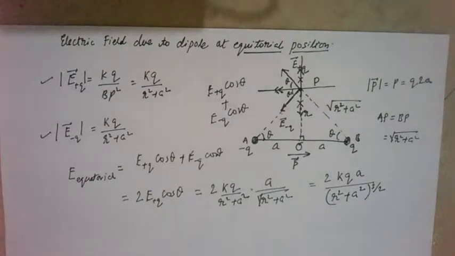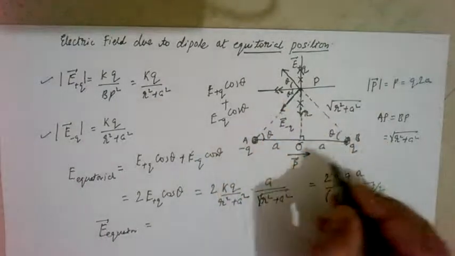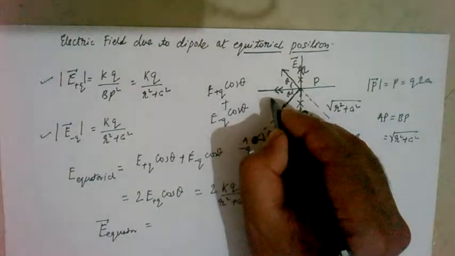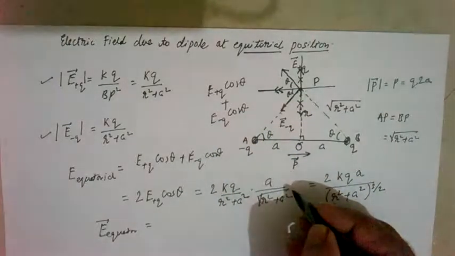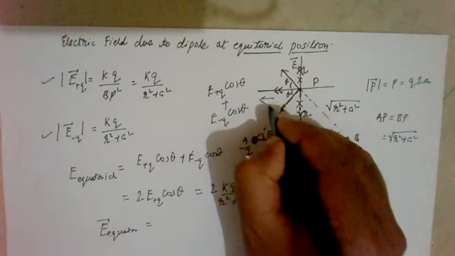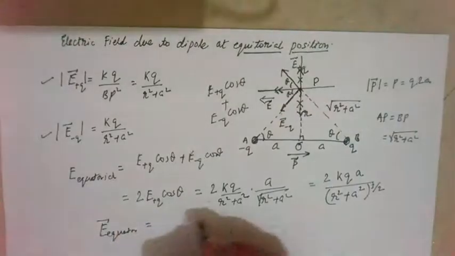Now I should take the direction also. What is the direction of the electric field at the equator? This is the direction of the electric field and this is the direction of the dipole moment, so the electric field is opposite to the dipole moment vector. This is the direction of minus p cap, and this is the electric field direction.